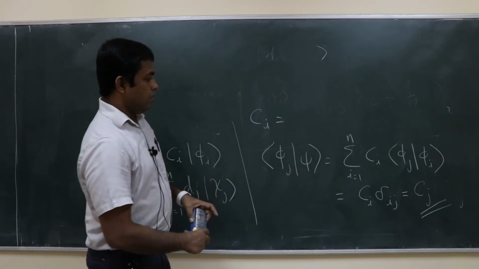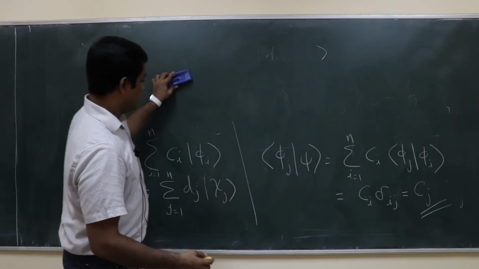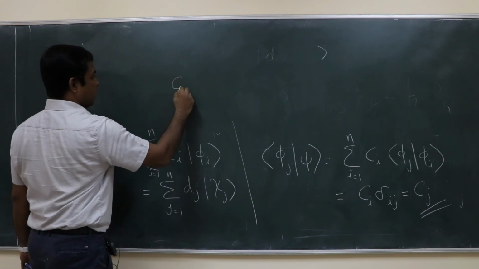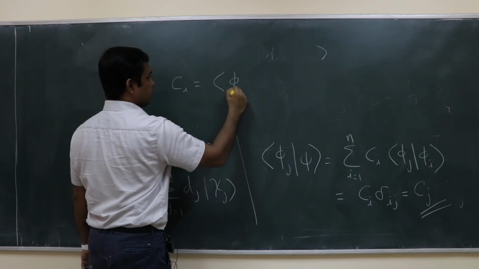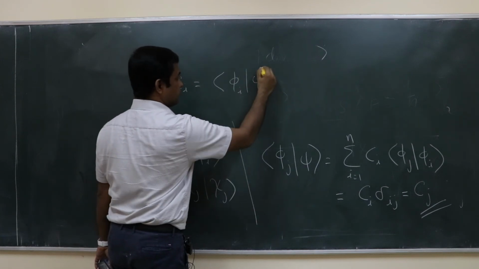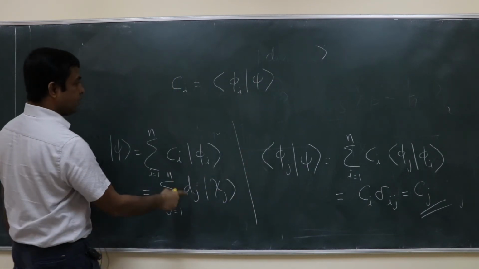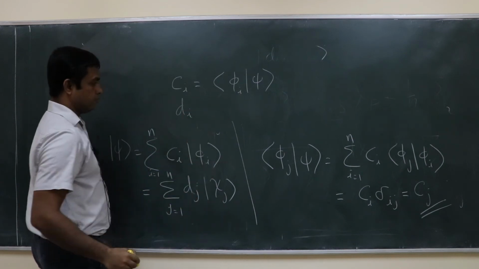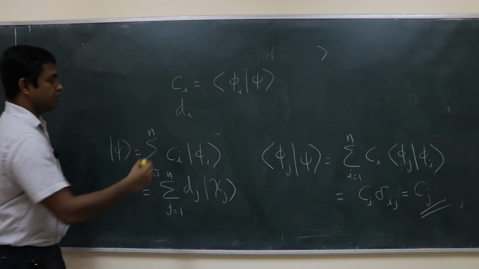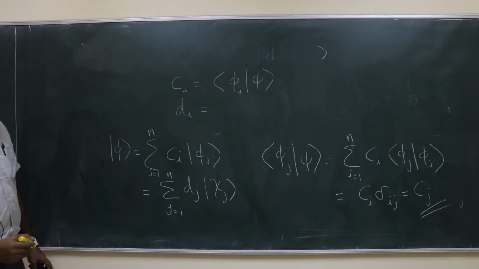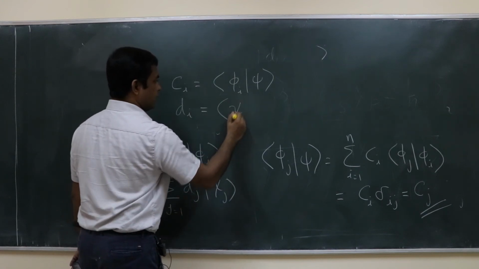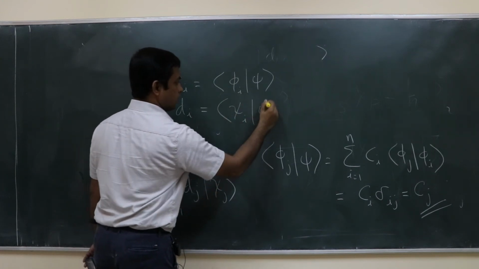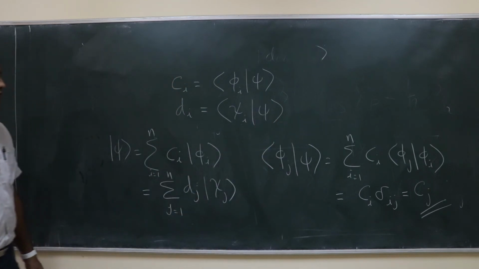So these coefficients are c_i. So what will c_i be equal to then? Bra phi i psi. So what is then d_i? Can you quickly tell me what d_i is equal to? I multiply bra chi i with the ket psi.